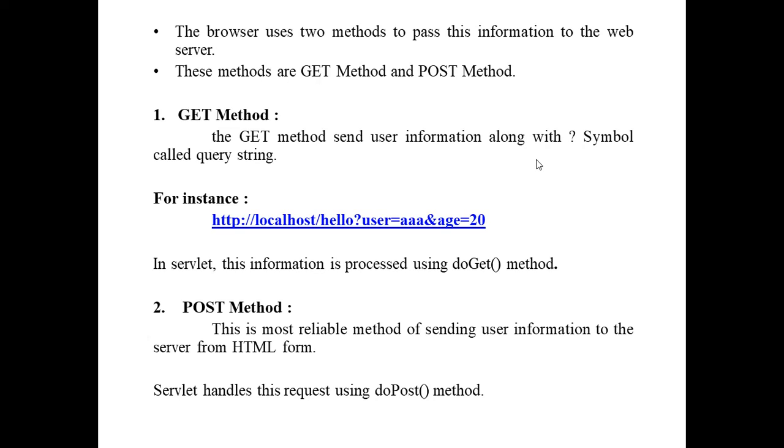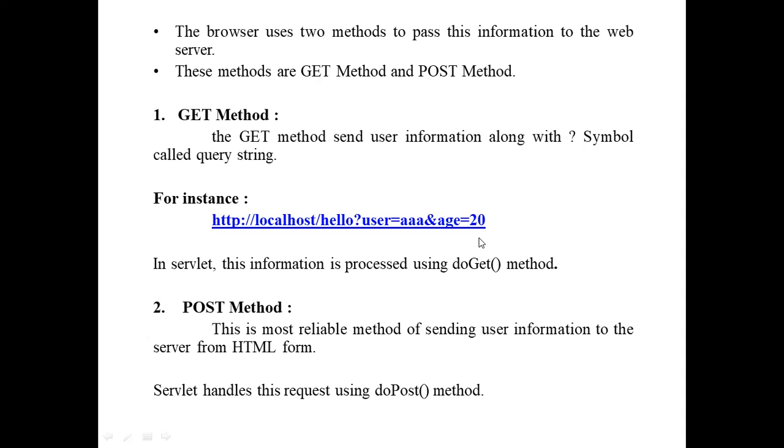The get method sends the user information along with a question mark symbol, called a query string. For example, the syntax of the get method: http://localhost/hello?user=AAA&age=20.